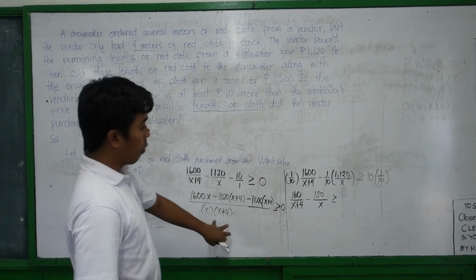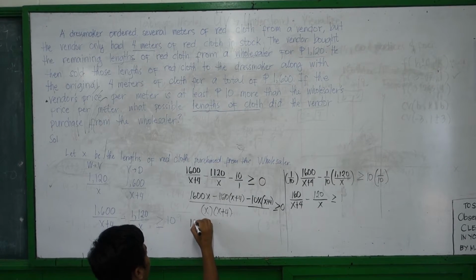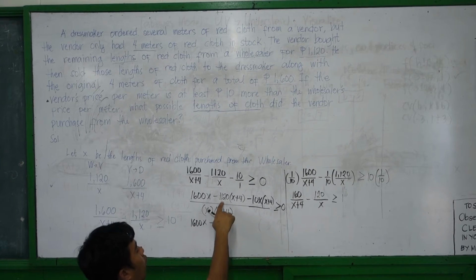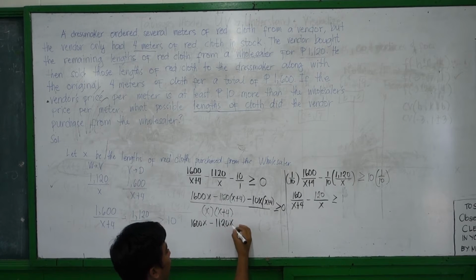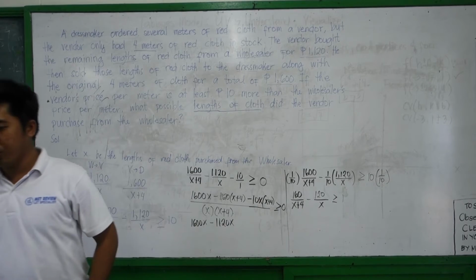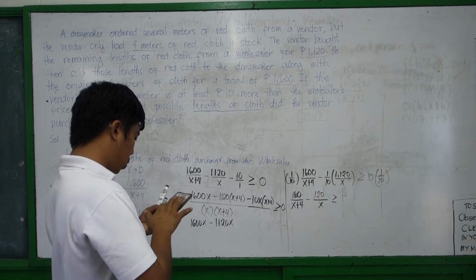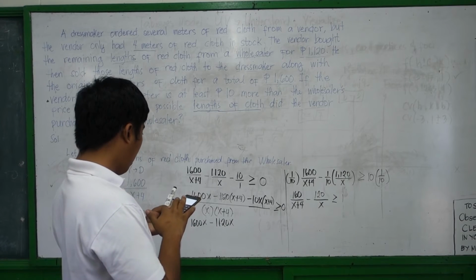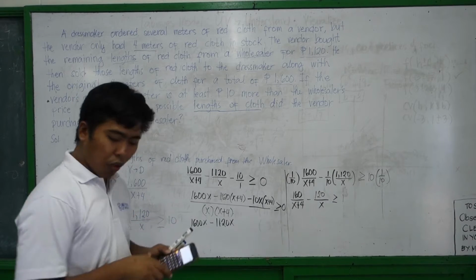Siguro, continue na itong mga part, dito nga part. Okay, so 1,600x minus 1,120x. Okay. Now 1,120 times 4. Calculator. 4,480.